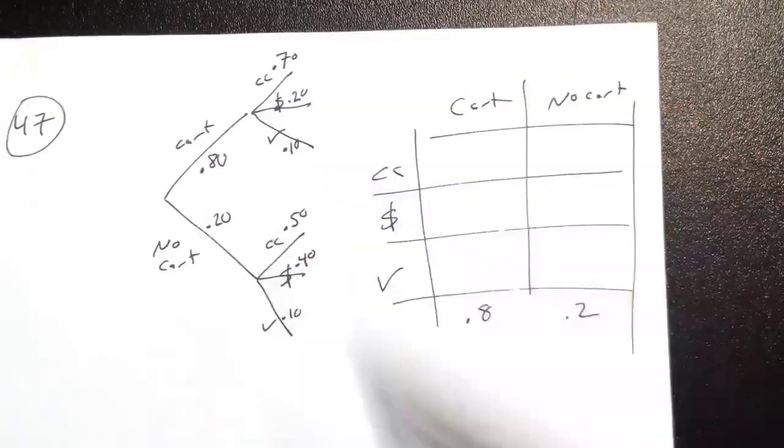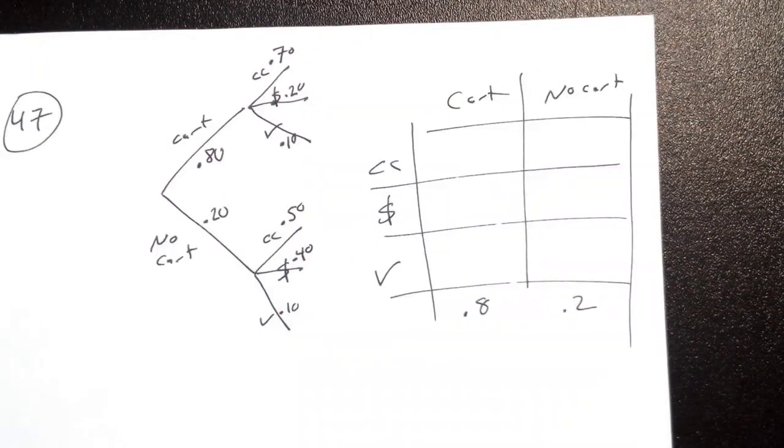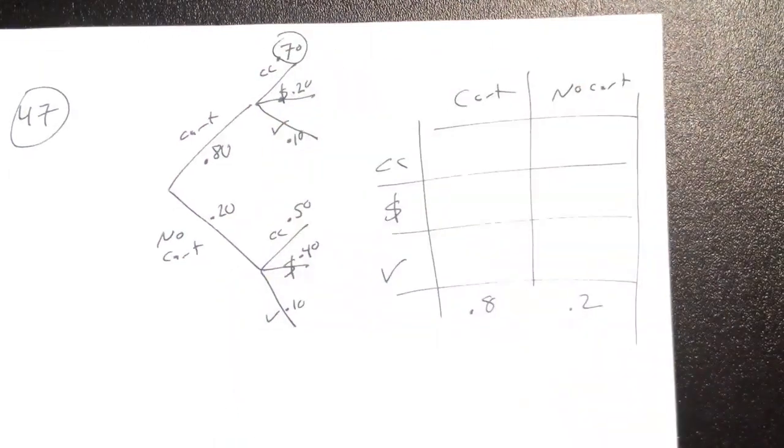This 0.7 doesn't actually go in the table. Where's that 0.7 come from? This 0.7 right here. Where's that number come from?